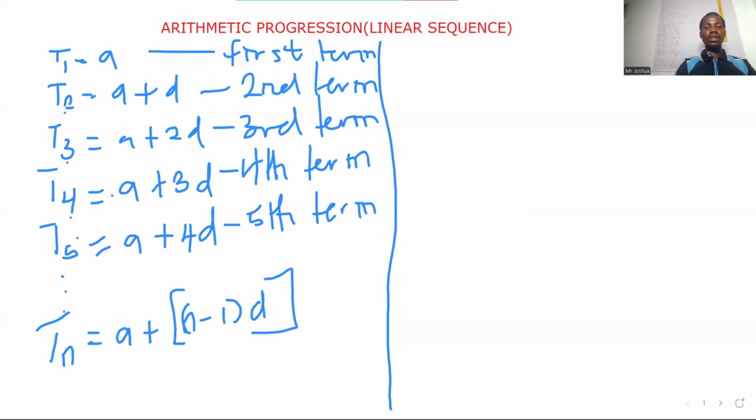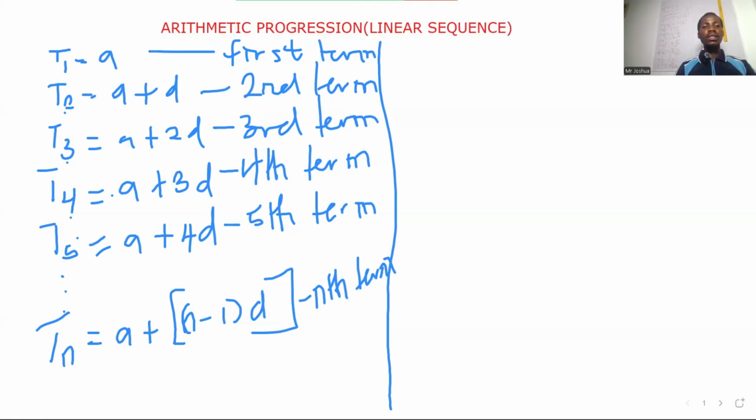So this is going to be our nth term, which is the same thing as last term. You either call it nth term or last term. Regardless, anyhow you want to call it, it's fine.